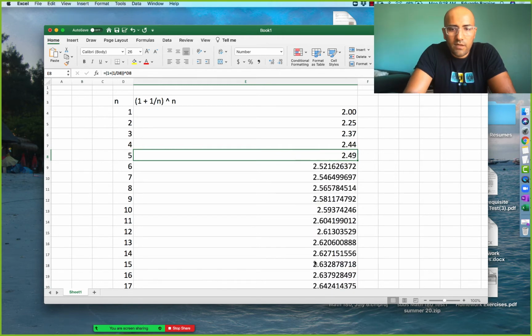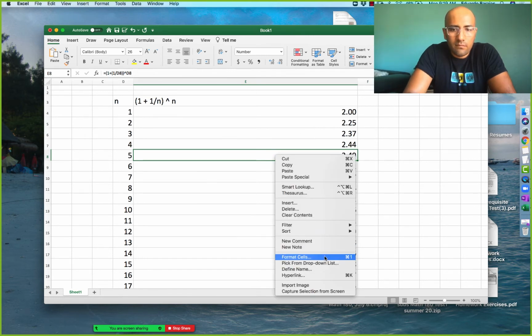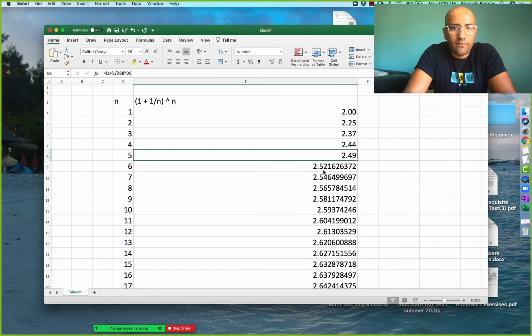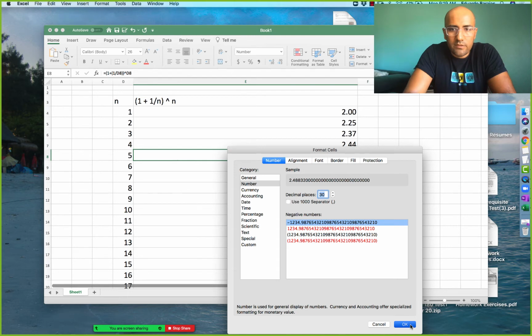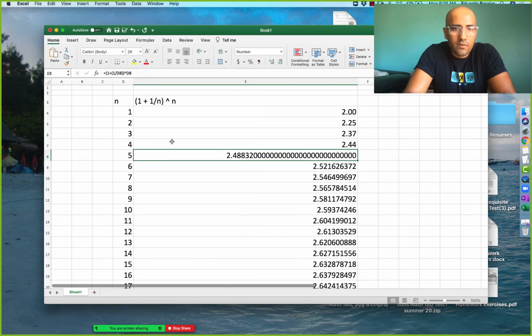Format cell. Ah, shoot, that's not what I wanted. Format cell. I want it to be a number with 30 decimal places. And let's extend that to here.